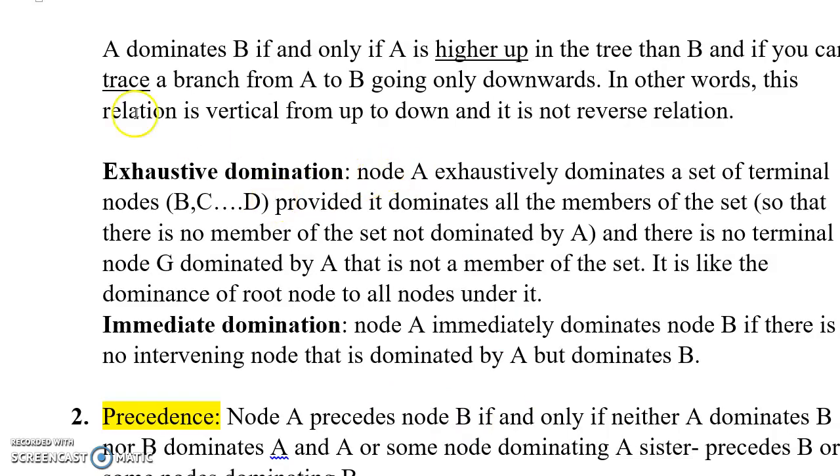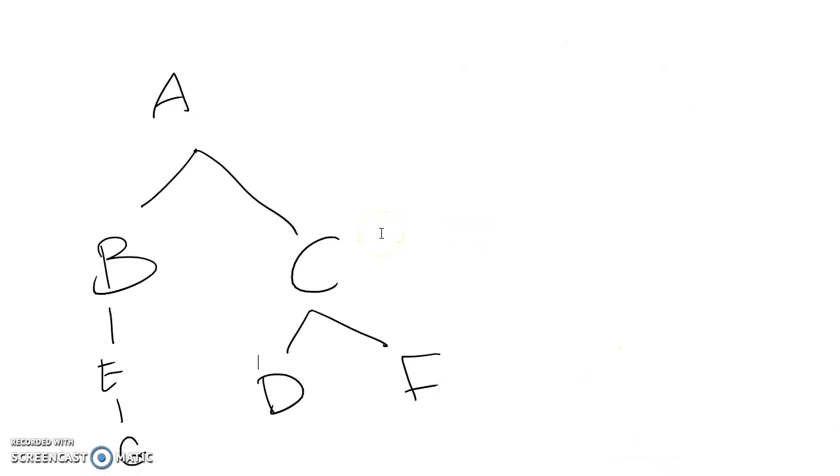The other one is called immediate domination. Immediate domination means node A immediately dominates node B if there is no intervening node that is dominated by A but dominates B. Immediate domination means direct.